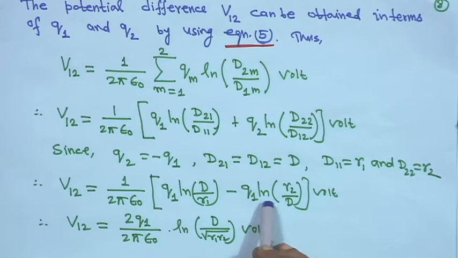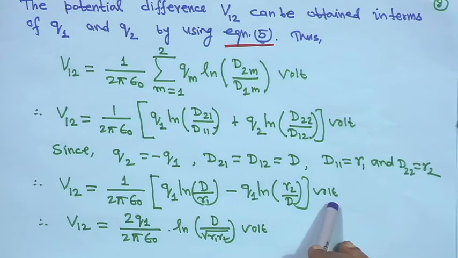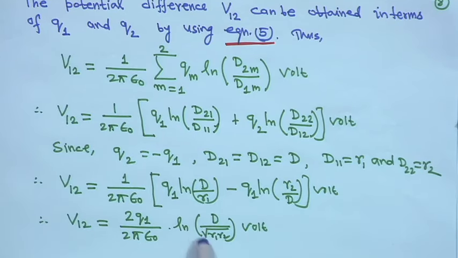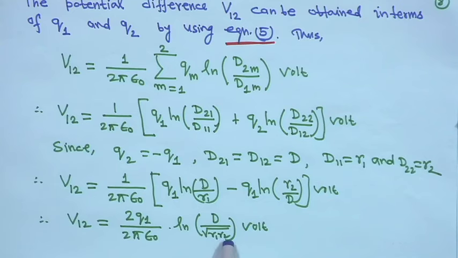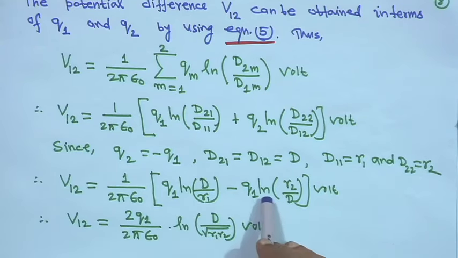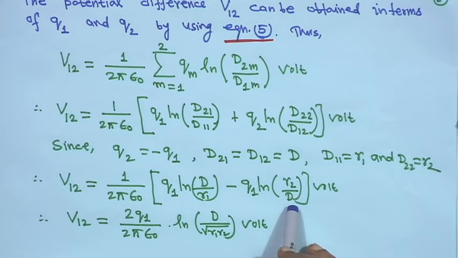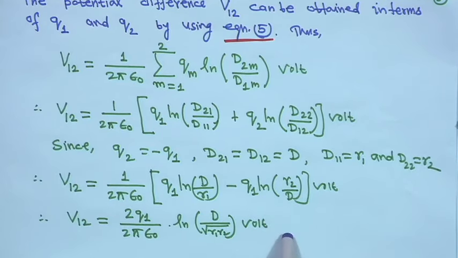Therefore, V12 is equal to 2 q1 upon 2 pi epsilon 0 ln d upon square root of r1 r2, because if you take q1 common it will be plus ln d upon r2, because it is minus ln r2 upon d.